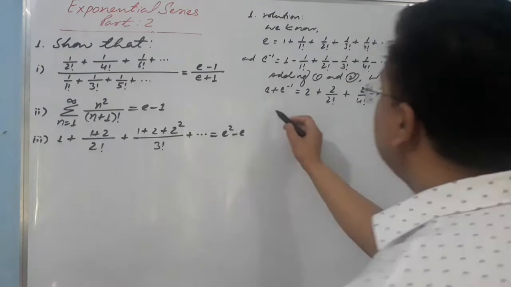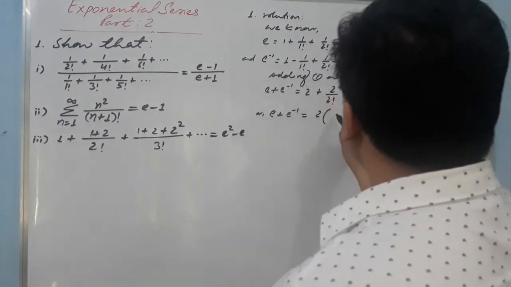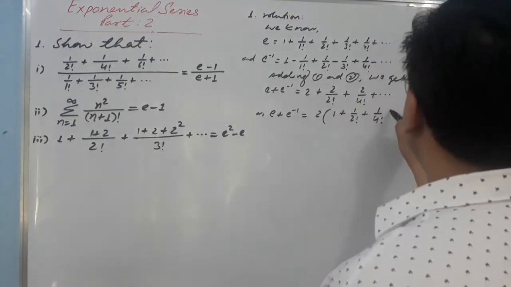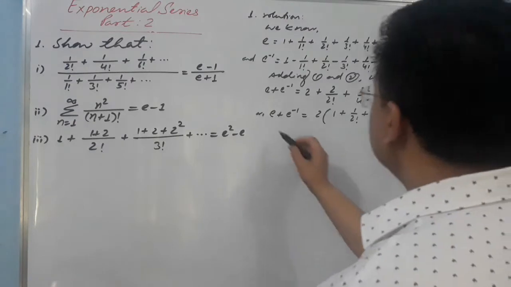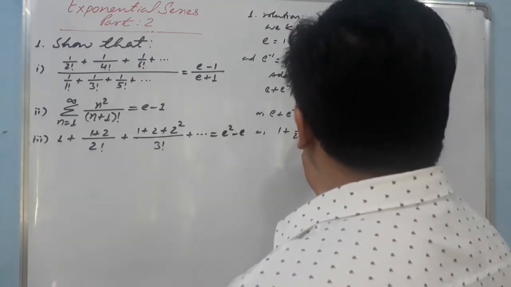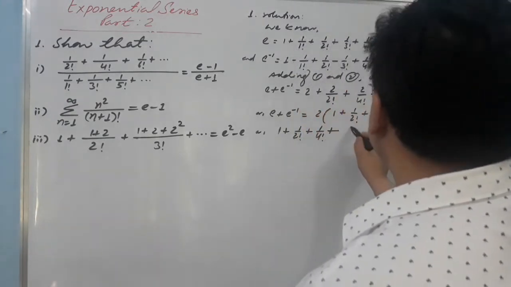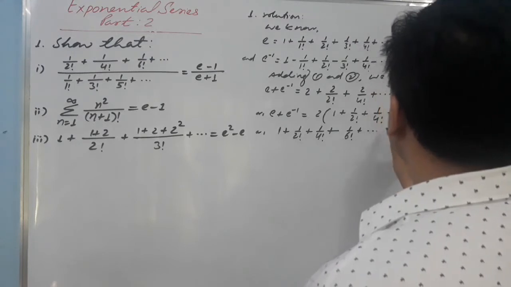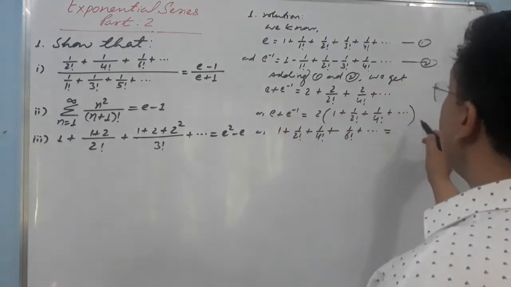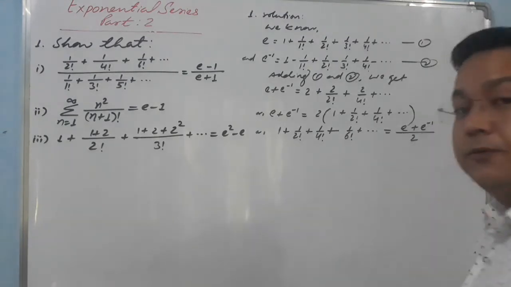Or e plus e raised to power minus 1 is 2 times 1 plus 1 upon 2 factorial plus 1 upon 4 factorial and so on. So 1 plus 1 upon 2 factorial plus 1 upon 4 factorial plus 1 upon 6 factorial and so on is equal to e plus e raised to power minus 1 upon 2.